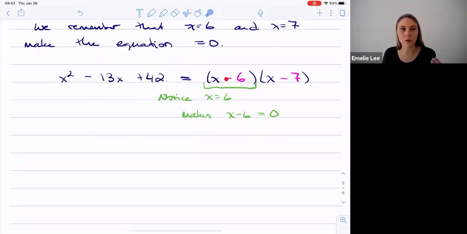So if x is 6, I get 0 times -1, that's 0. If x is 7, then I get 1 times 0, which is 0. So regardless, this is going to help us factor, and so we use the roots in order to factor.